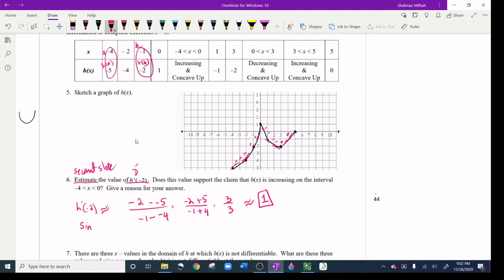Explaining my reasoning: h prime of -2 is greater than 0, then yes, the claim that h(x) is increasing on -4 to 0 is supported.